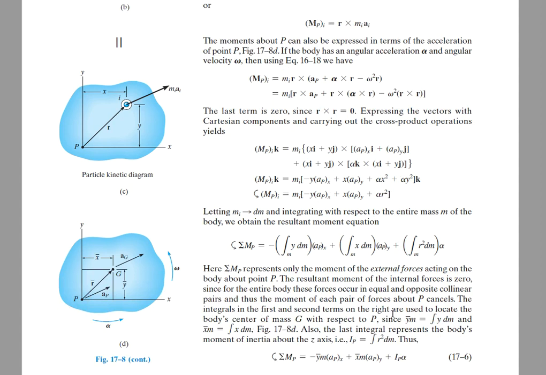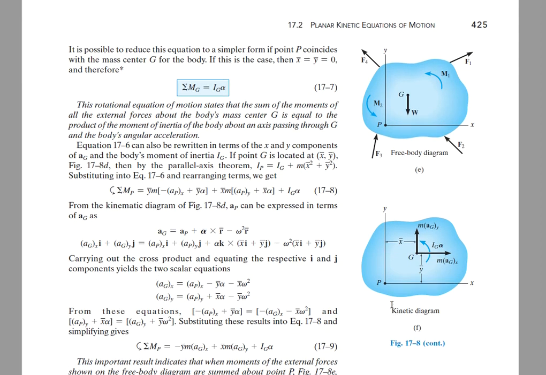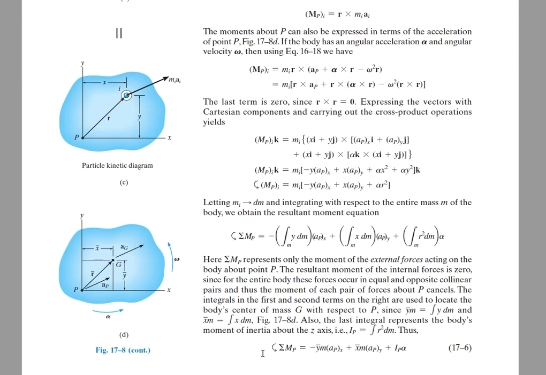Then, covering the entire body, we're going to see a volume integration, or integration over the entire mass. Then we obtain this first equation, which says that the sum of moments directly applied, or of the external forces, about the point P is going to be, I start with the rightmost term, the mass moment of inertia of the body about point P times the angular acceleration, and then here you see two additional terms.